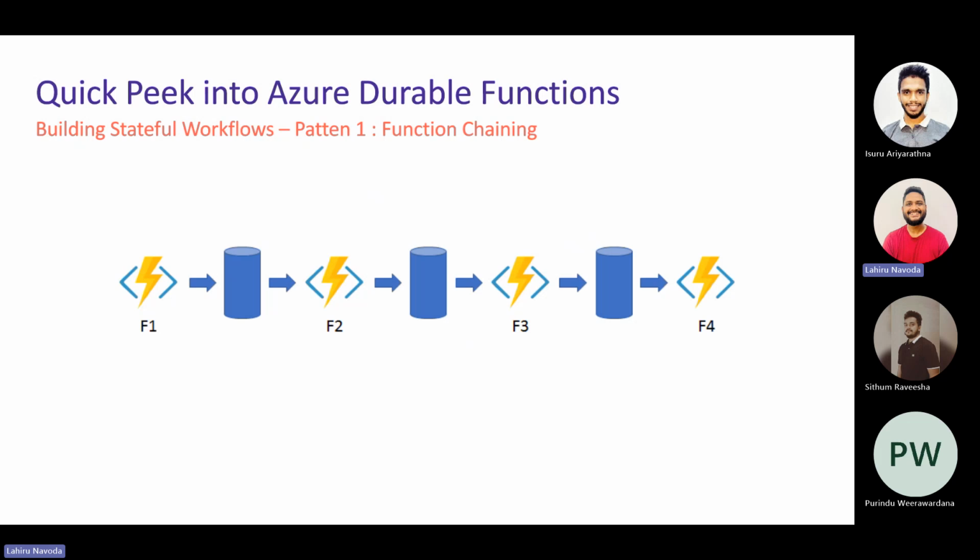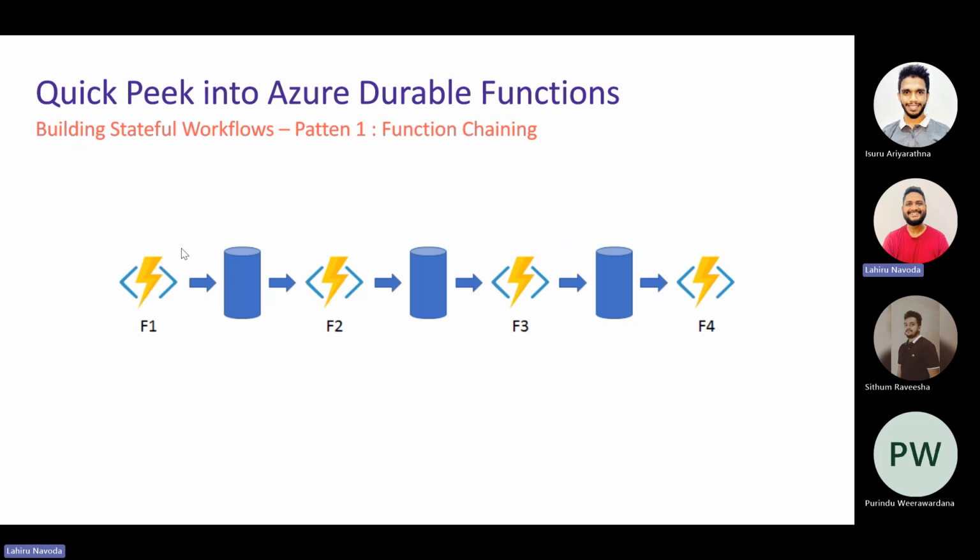The first pattern would be function chaining. As the name depicts, you can see in this diagram that in this kind of workflow, we have multiple functions connected in a chain.